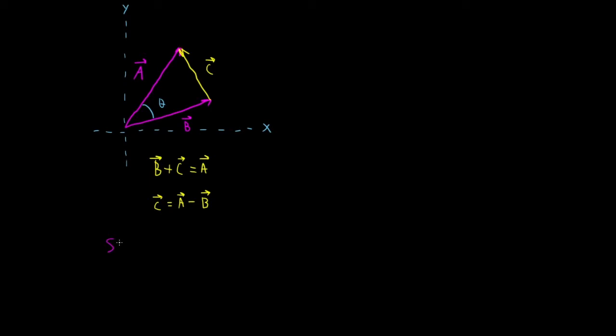Before we can continue, we need to declare some statements. First, we will need the law of cosines. If you're unfamiliar with this law, go to a video on it linked in the description below. This law states c squared equals a squared plus b squared minus 2ab cosine theta.